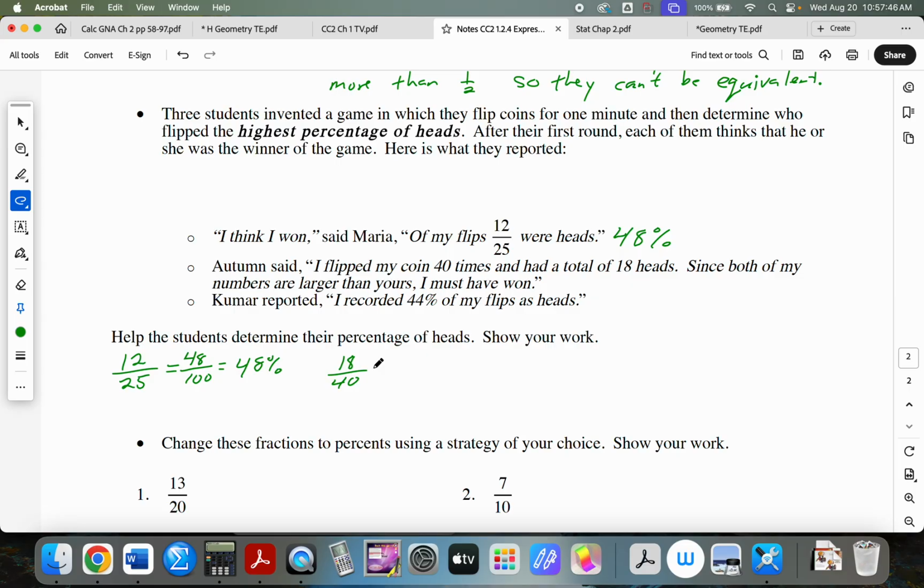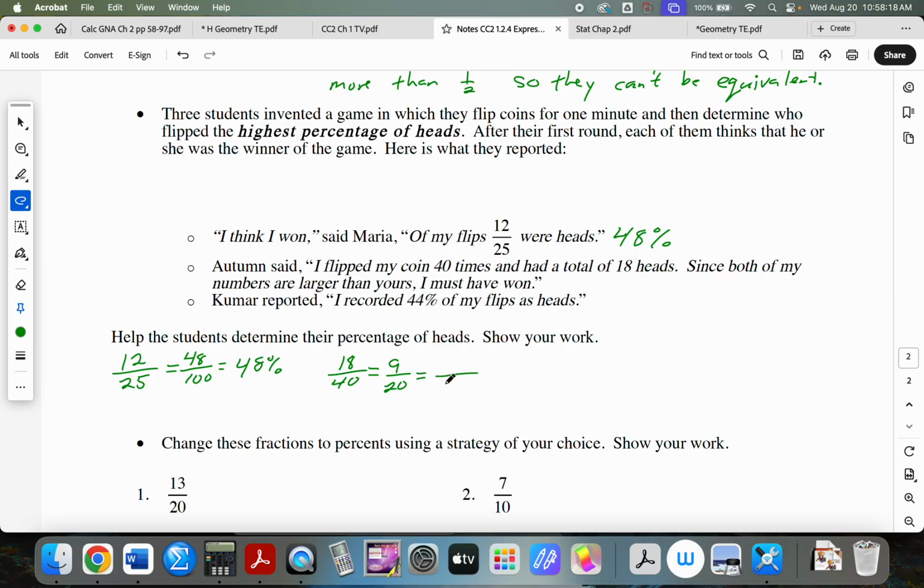So when I'm changing this, does 40 divide into 100 nicely? No. However, what if I reduce this first? What are both of these divisible by, everybody? 2. That's 9 out of 20. Does 20 divide into 100 nicely? Yes.